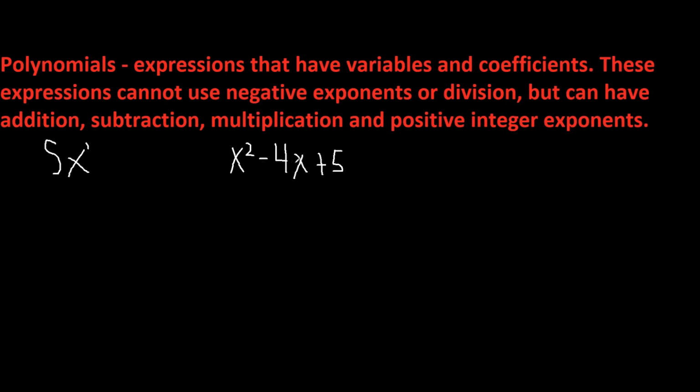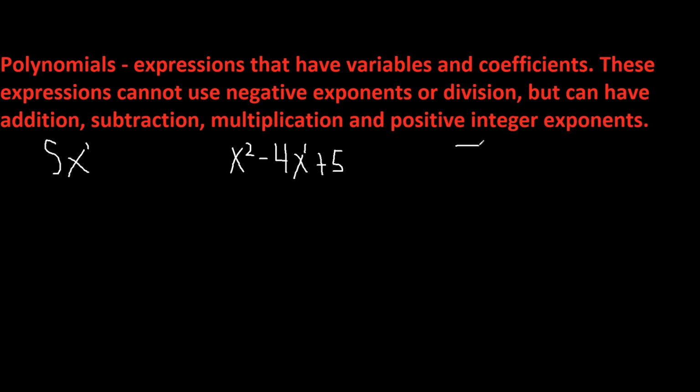It's negative 4 times x, and there's a positive exponent 1. And finally, we have our last term, which is 5. There's no multiplication or division, it's just 5. And since this fits the requirements of a polynomial, x squared minus 4x plus 5 is a polynomial.